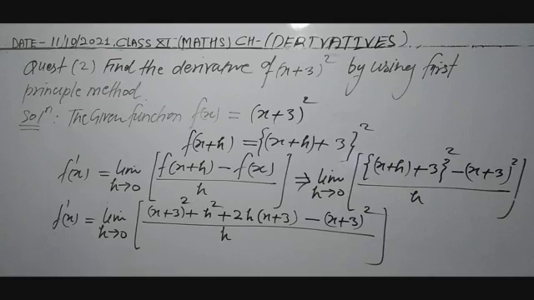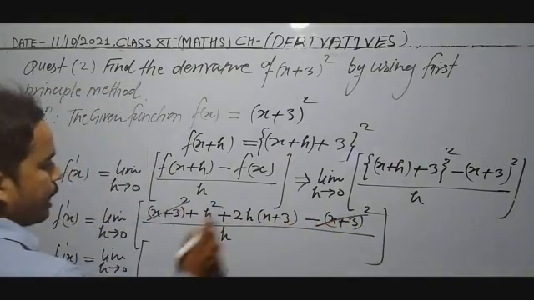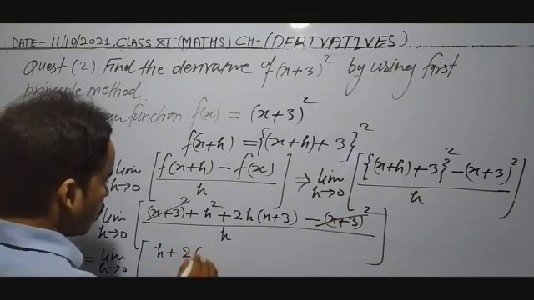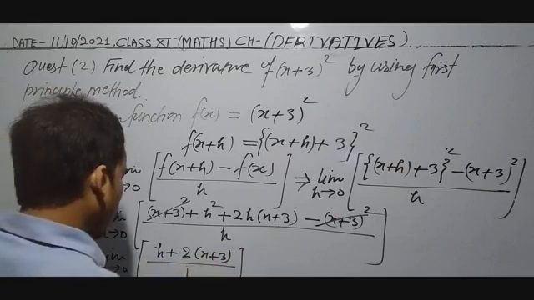Now see, now f dash x we can write limit h tends to 0. This term will cancel out and h you will take common, so h plus 2 times (x plus 3) whole upon 1.